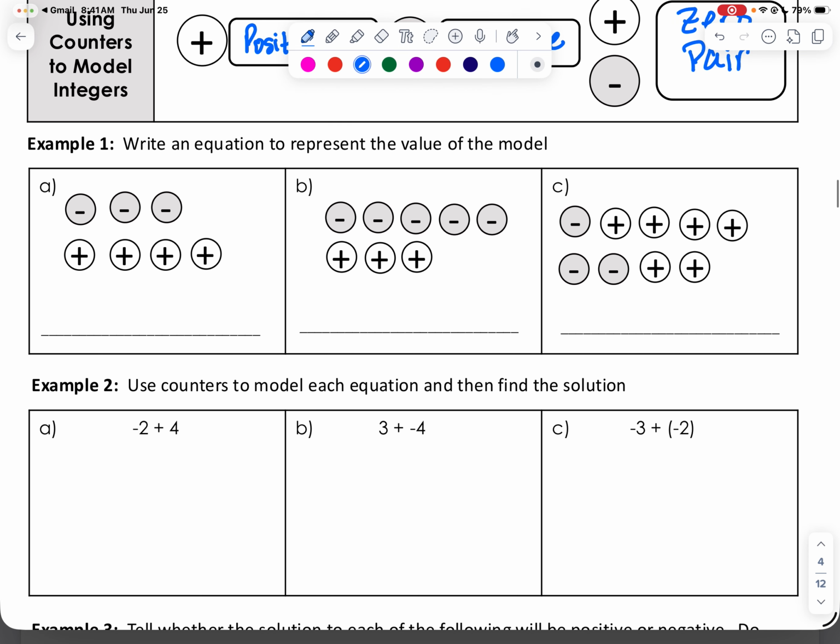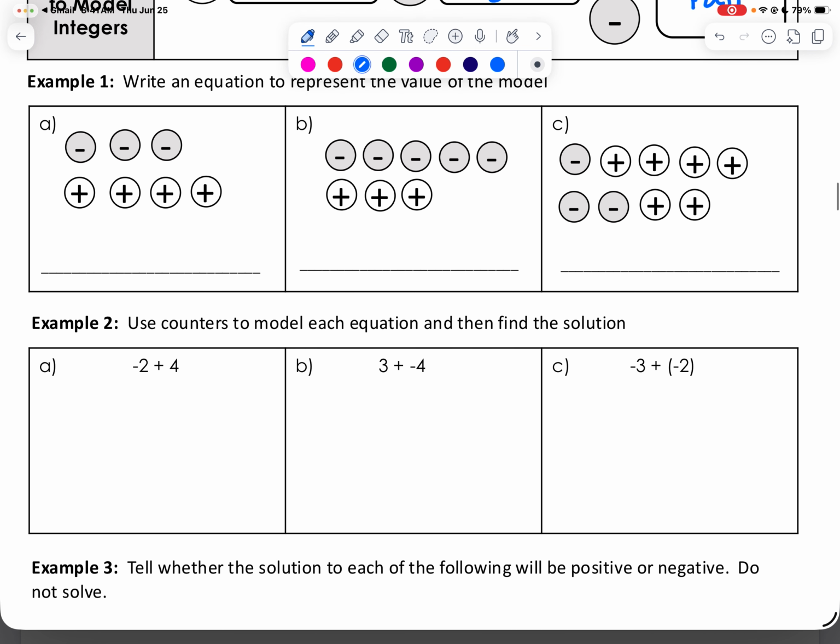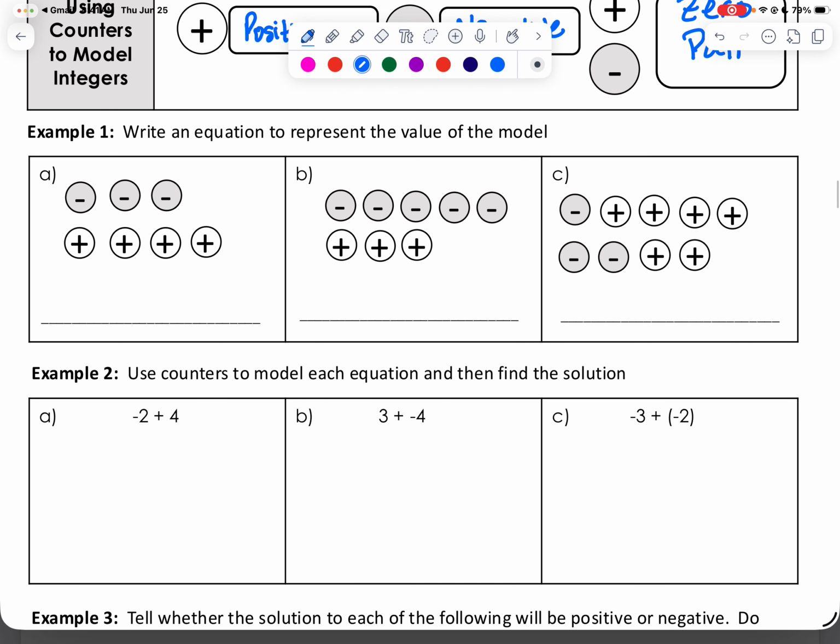In example 1, it says write an equation to represent the value of the model. In our top row, we have 3 negative counters, so that would be -3 plus. On the bottom row, we have 4 positive counters. To get the value, we're going to zero out any zero pairs we have.